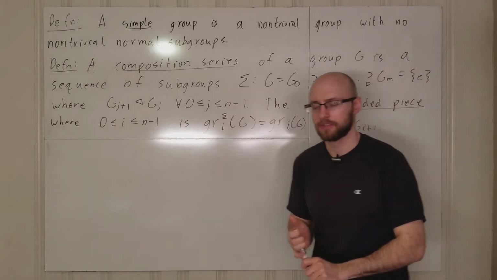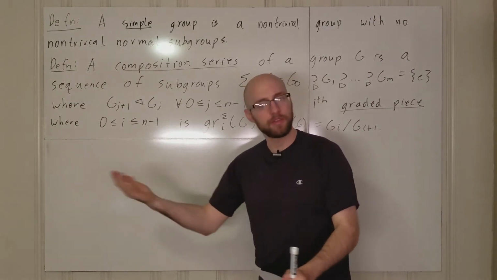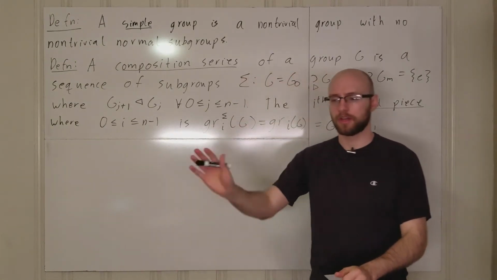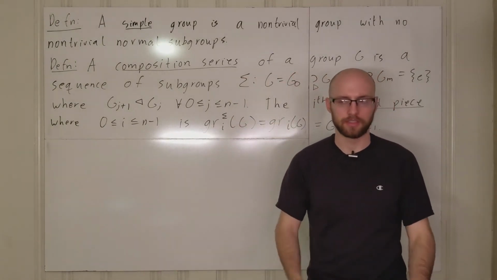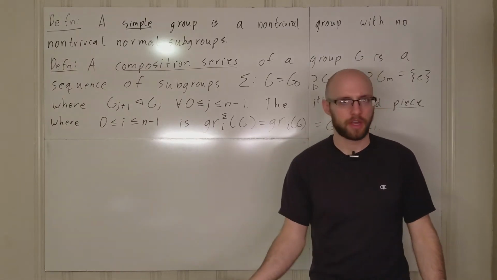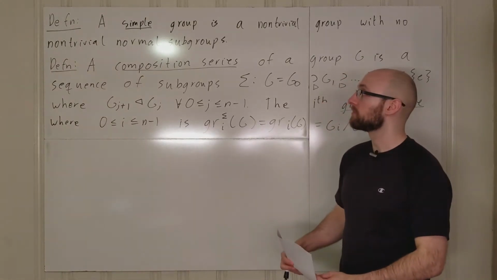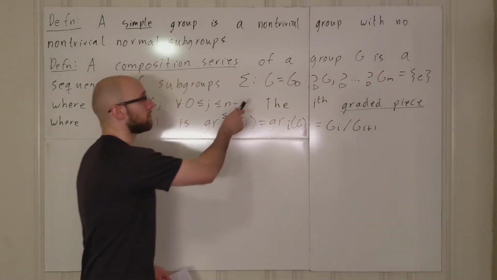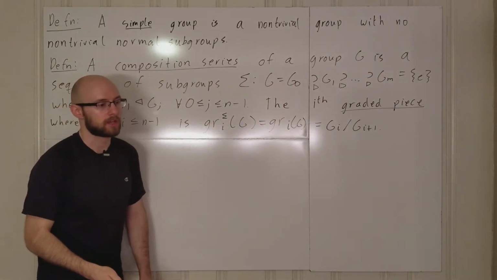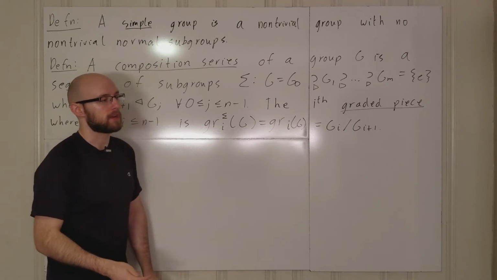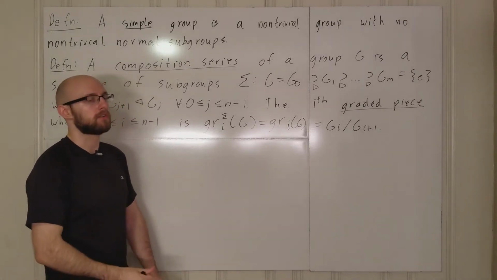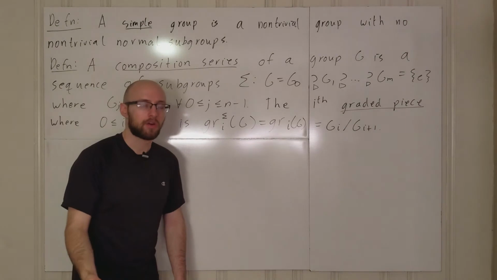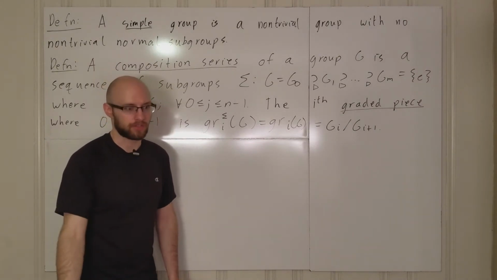So even if you look at my previous videos and my Jacobson exercises and some of my other algebra exercises, you'll see me refer to things that look like this, but I won't call them a composition series. I'll call them a normal series, or a normal tower, or I'll even call them a filtration.